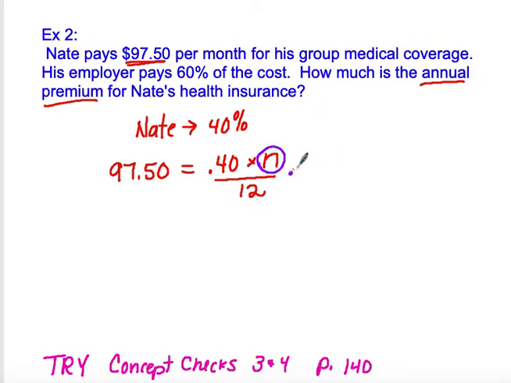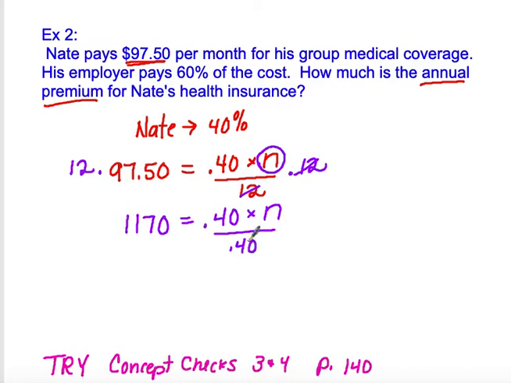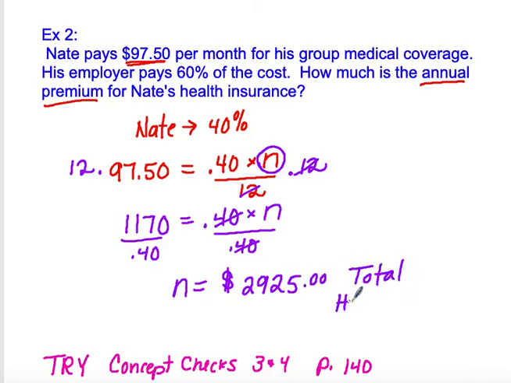So I'm going to undo this by multiplying both sides by 12. When I do that, I get that his yearly contributions are equal to $1,170. But again, that's only 40% of his total healthcare costs. So when I now divide by 0.40, that's going to give Nate's total healthcare cost a total amount of $2,925.